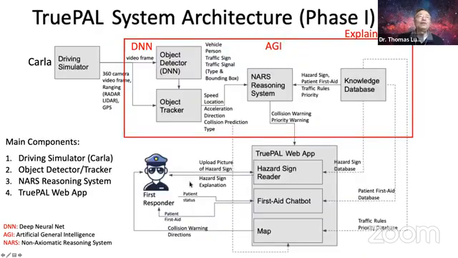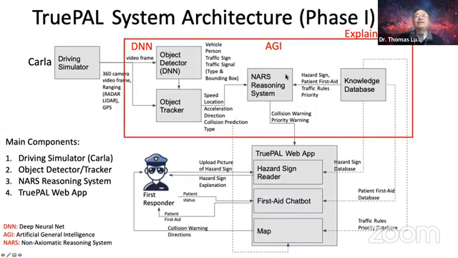This is a little bit more detail. Again, the Carla simulator gives you camera video frames, radar, LiDAR, GPS, and all this sensor information. The object detector takes all this information and then tracks all these objects, moving objects and stationary objects. And then the tracker gives speed, acceleration, location, direction, and the prediction of different collisions.